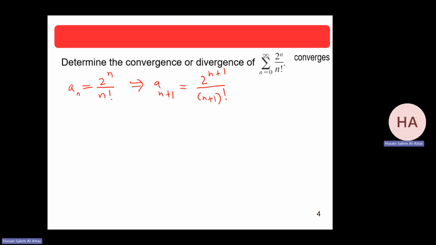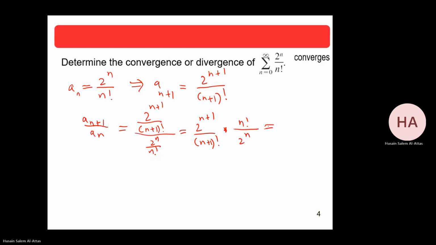What is a_{n+1} over a_n? In other words, it's 2 to the power n plus 1 over n plus 1 factorial times the reciprocal of this, which is n factorial over 2 to the power n.